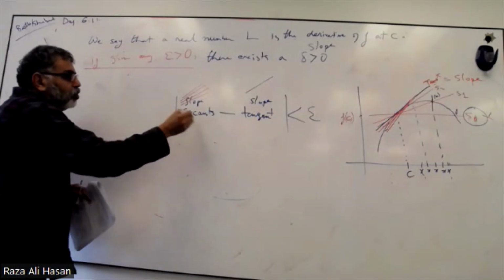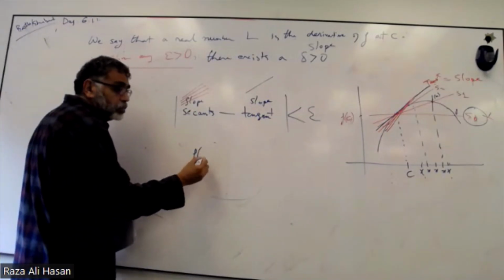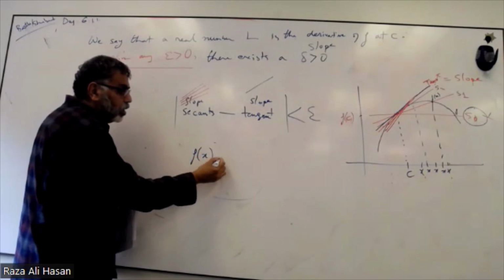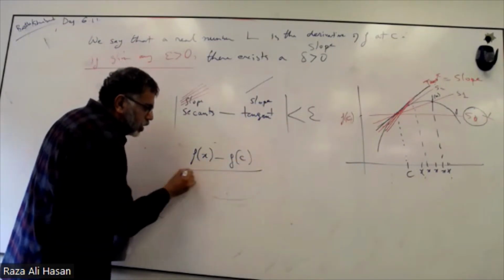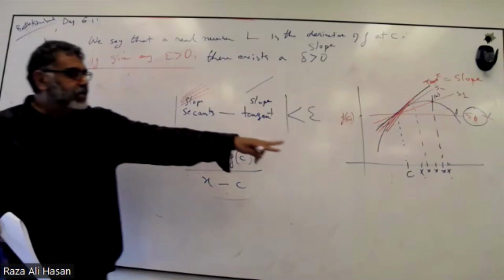And therefore, what's the formula for the slope of a secant line? For in this case, right?